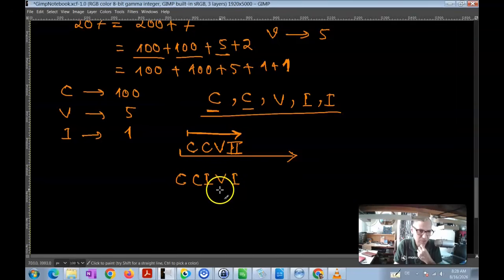What this means is that this C is 100, this other C is 100, the value of this 1 is subtracted from the 5, so this whole thing becomes a 4, and then this becomes a 1, and of course this is not the right syntax.